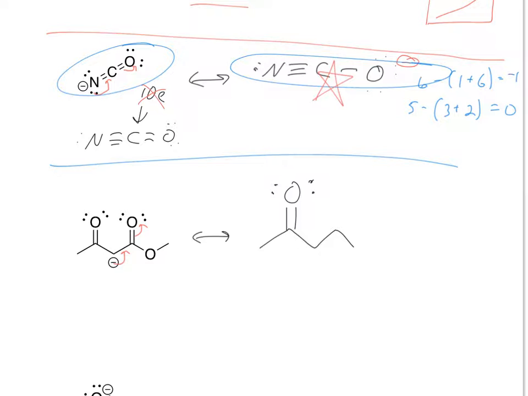And now what this arrow tells us is we're pushing these electrons in, and so we get a double bond here. And this arrow tells us we took the double bond and moved it up onto the oxygen. So we get a single bond, and then the oxygen gets an extra lone pair. Right. We didn't do anything to the right, so that stays just the way it is.